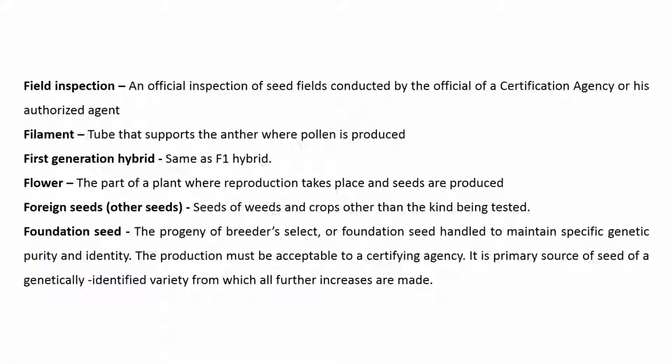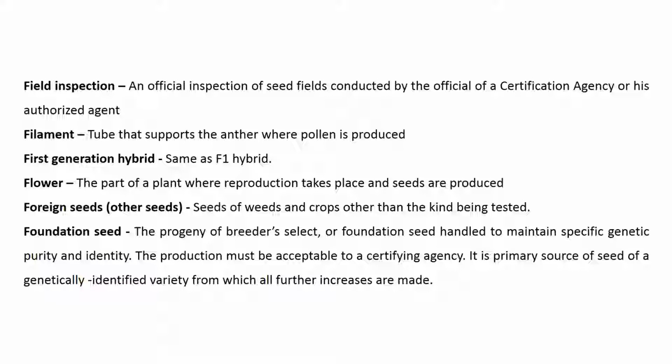Field inspection: an official inspection of seed fields conducted by an official of a certification agency or his authorized agent. Filament: tube that supports the anther where pollen is produced. First generation hybrid is the same as F1 hybrid.